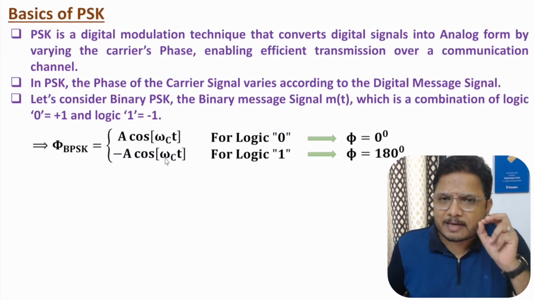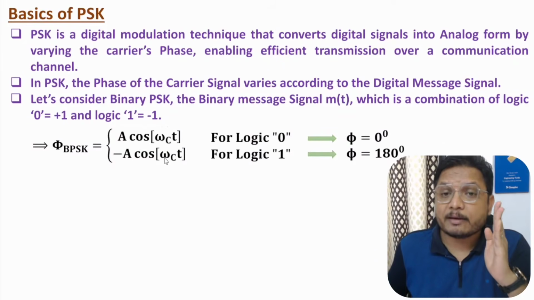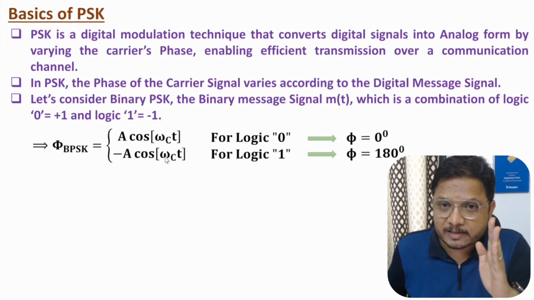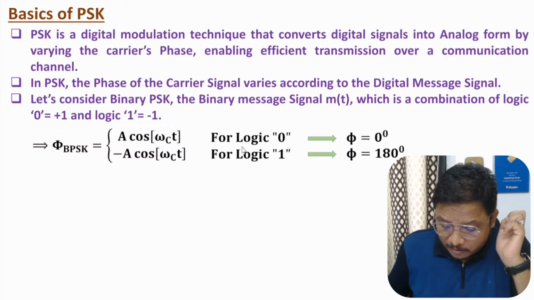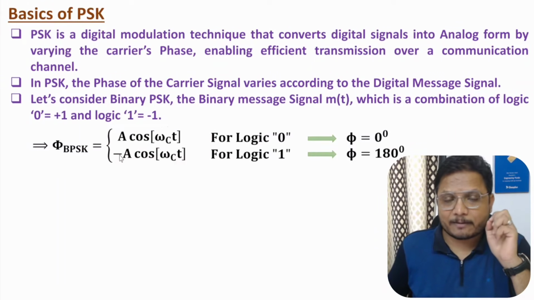So this is a standard example of binary PSK, where we are changing the phase of the carrier with respect to the digital signal. For logic 0, the phase is 0 with the carrier, and for logic 1, the phase is 180 degrees. Due to the 180 degree phase, we have a negative sign, right?